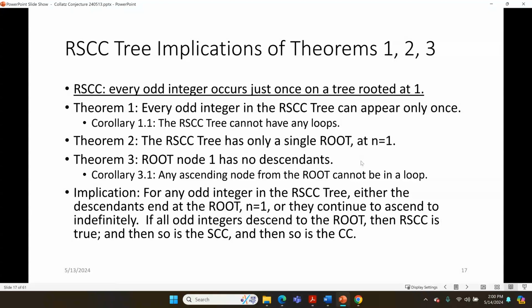If all the odd integers descend to the root, then the reverse simplified Collatz conjecture must be true, and then so is the simplified Collatz conjecture, and so is the ordinary Collatz conjecture. So basically the proof that follows from here is that we show that odd integers inevitably descend to smaller odd integers, and this therefore has to converge down to the root at n equal 1.